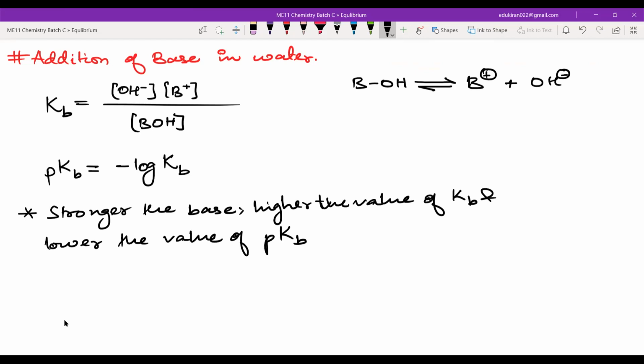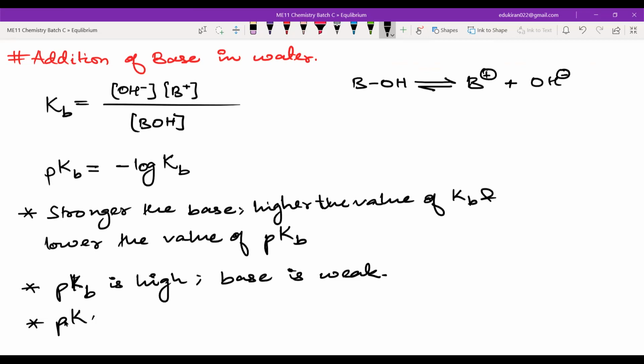If pKb is high, base is weak. If pKb is low, that means we have strong base.